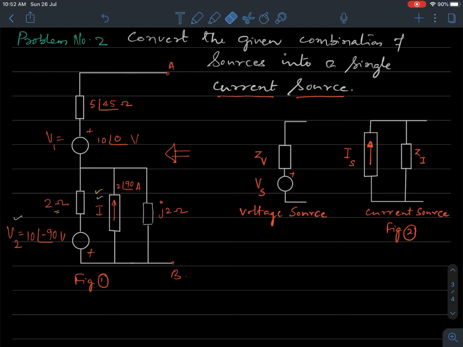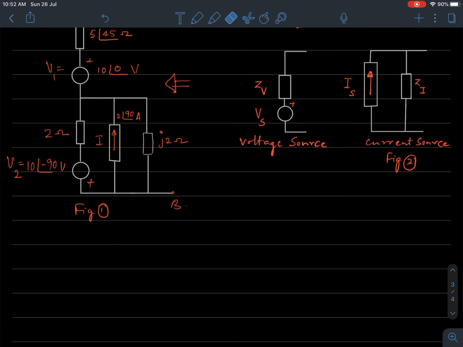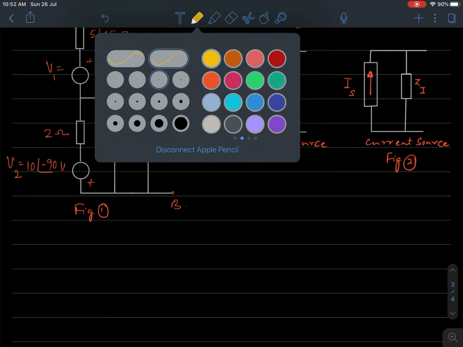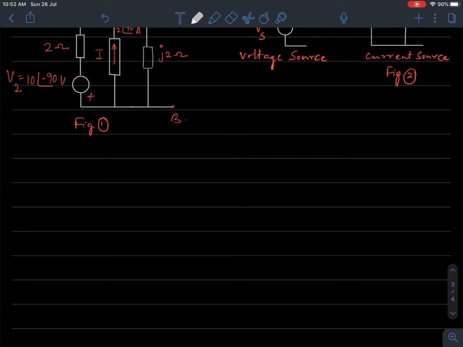Now we will proceed with the conversion. I will write the conversion. At step 1, I'll take my white pencil to do the computation.